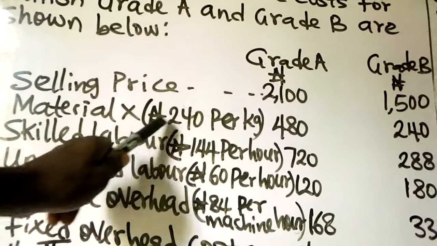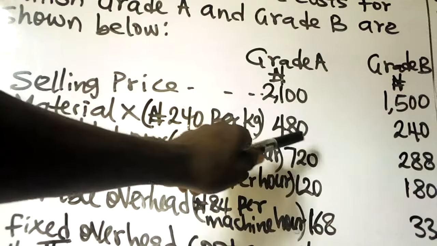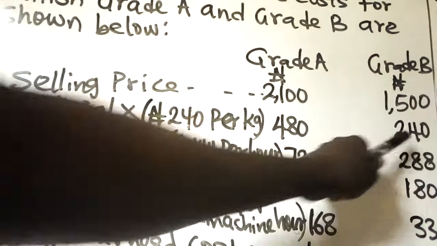Material X, 240 naira per kg: for grade A, you have 480 and for grade B, 240.